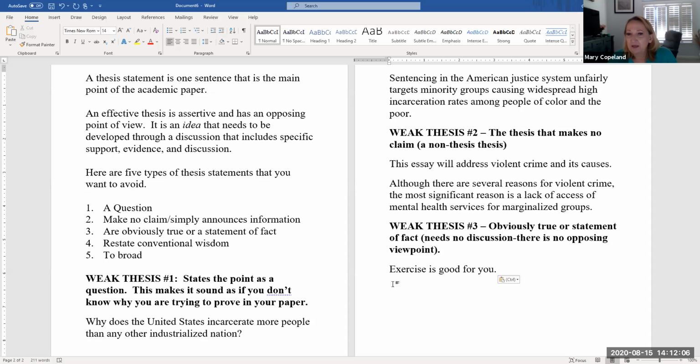We all know that in general, exercise is beneficial. If I read something like that in a paper, I'm like, well, duh. It's kind of like writing, oh, the sky is blue, right? Or cats are animals. So a more effective thesis statement would be something like this.